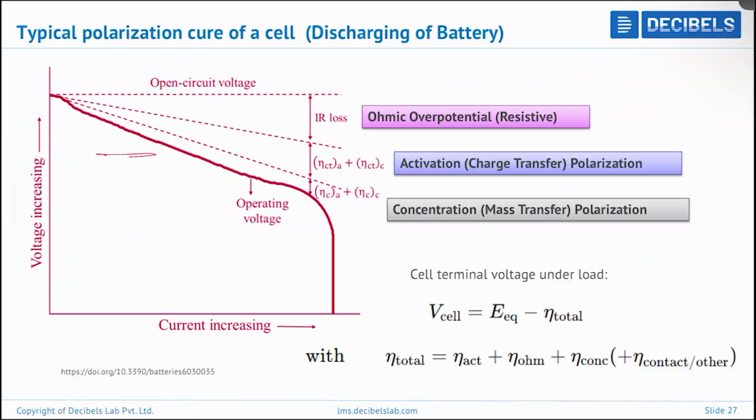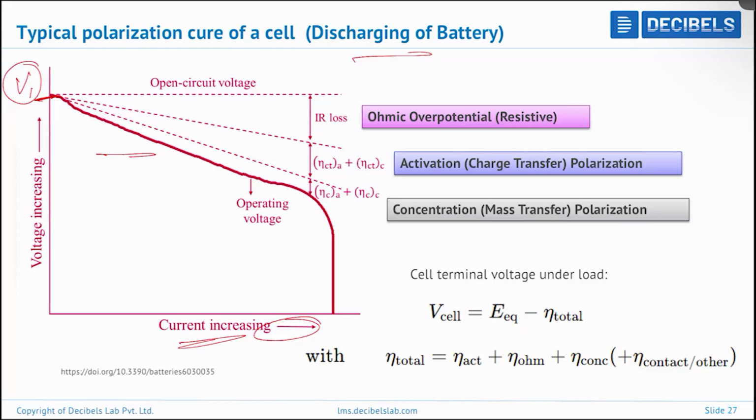So when you are discharging a cell or a battery, initially when you charge the battery, this will be the initial voltage V1. When you're discharging the battery, the voltage drops gradually. There is a steep decrease in the voltage upon discharging. It is because some amount of the voltage, the energy, is consumed to drive other reactions. So it is not coming out as electrical energy.